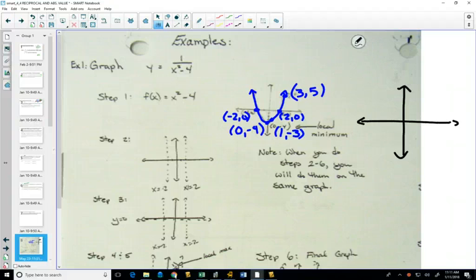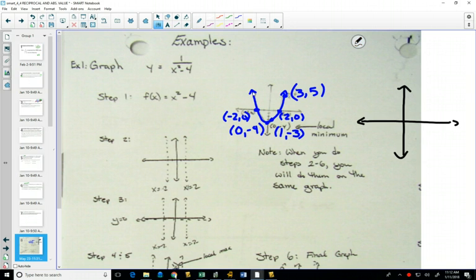When we go to draw our reciprocal graph, the first thing that we're going to do, which is steps 2 and 3, you can kind of combine those just to think about asymptotes. So the first thing you're going to graph with the reciprocal graph are your asymptotes. Wherever you have x-intercepts to begin with, if you're changing the y value to 1 over y, those will be non-permissible values.